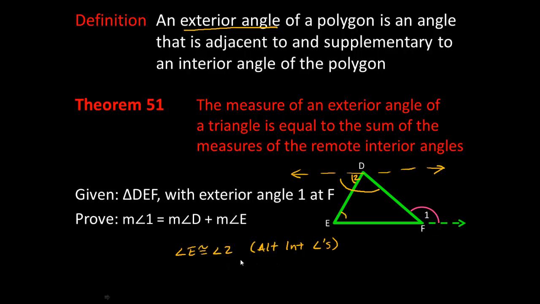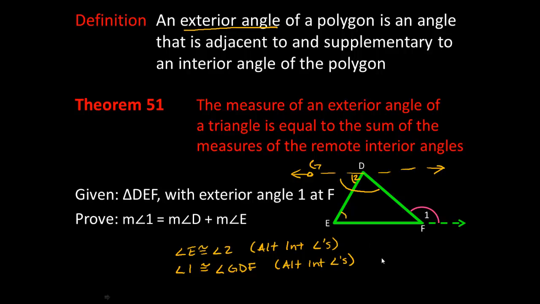Okay, and we could then say, well, if this big angle here, and let's put a point there, and we'll make that G. And we'll say that angle 1 is congruent to angle GDF because of alternate interior angles.